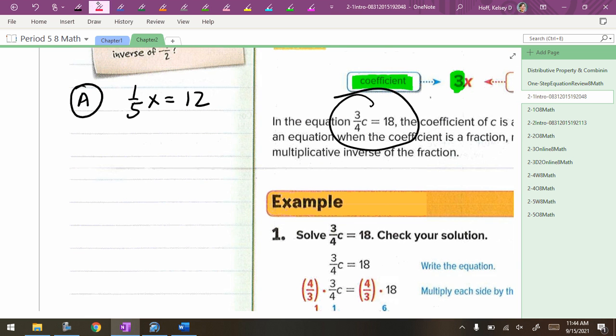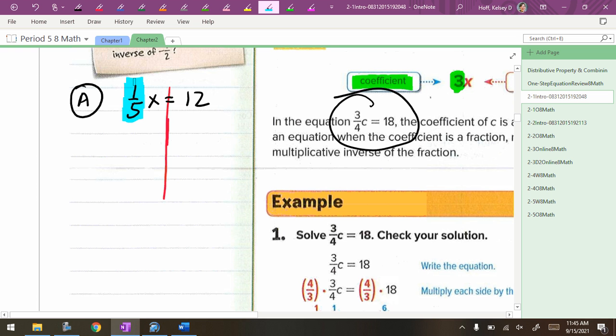And just like yesterday, the first thing you're going to do, draw a line through the equals bar. Somebody raise their hand and tell me what my coefficient is in this one. Gatlin already answered. Somebody raise your hand and tell me what the coefficient in this problem is. Jacob? 1/5. The number in front of the variable is 1/5.